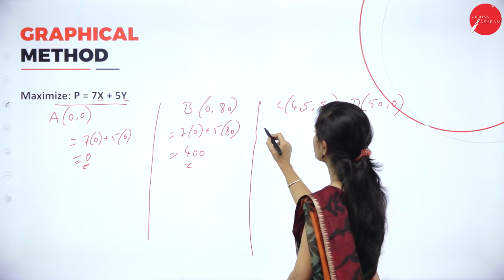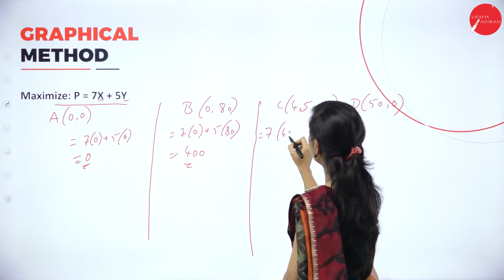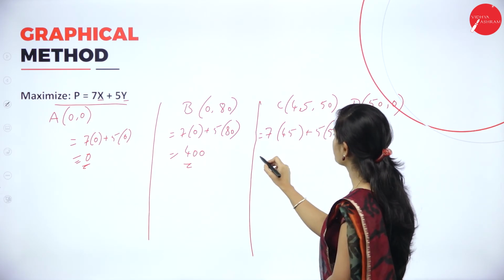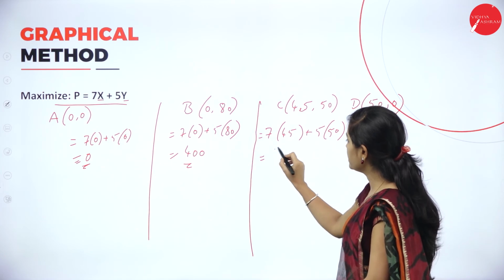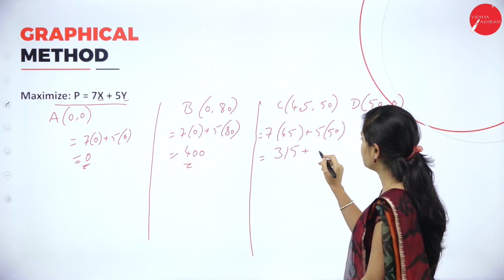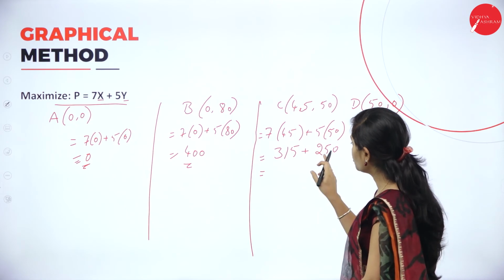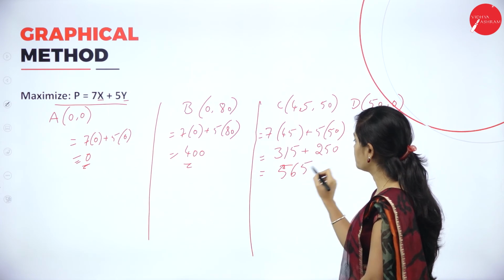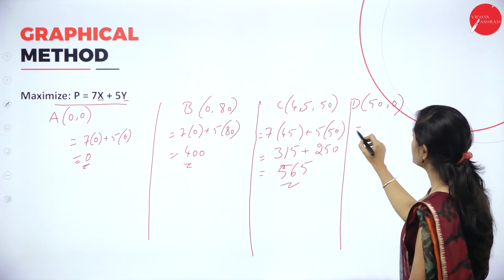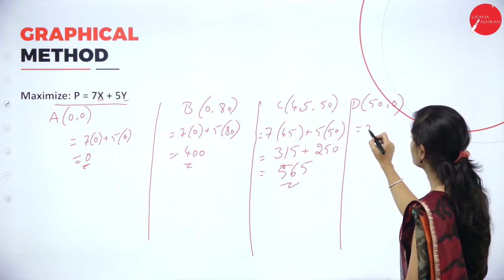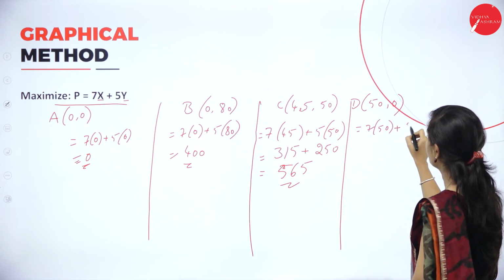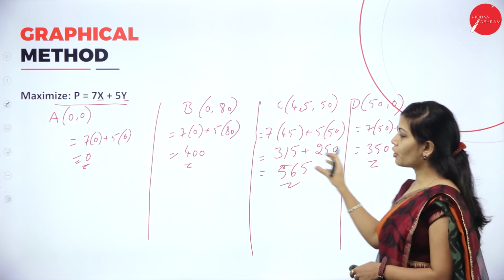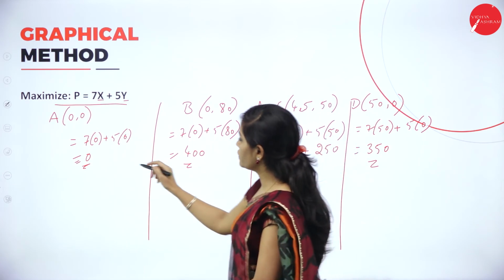And 7 into 45 plus 5 into 50: 7 into 45 is 315 plus 5 into 50 is 250, so 250 plus 315 is 565. And the last point is x is equal to 50: 7 into 50 plus 5 into 0, so 350.